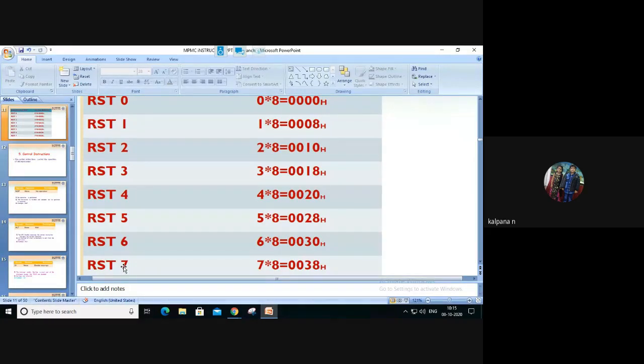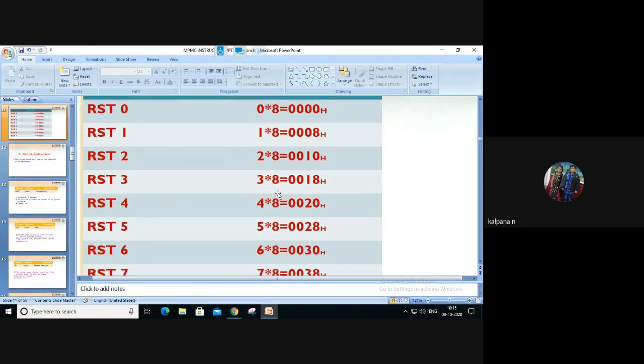For example, here 7 is there, so the vector address of RST7. The vector address is nothing but a starting address where this interrupt is stored. 7 into 8, decimal comes. After that we need to convert into hexa. 6 into 8, 5 into 8, 4 into 8. These all are hexa numbers after multiplying; we will get the decimal. Okay, right?